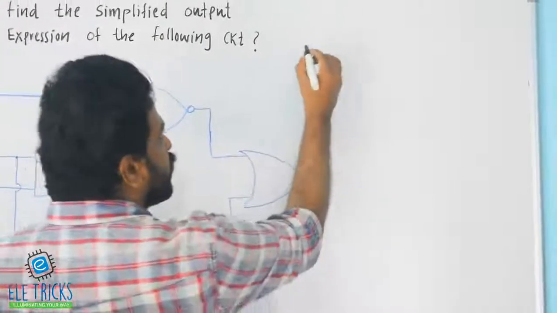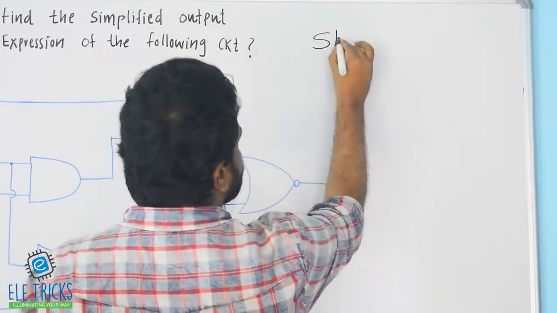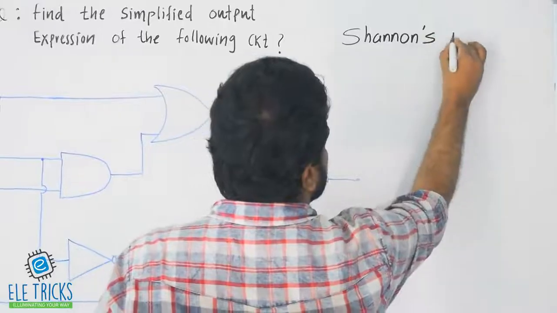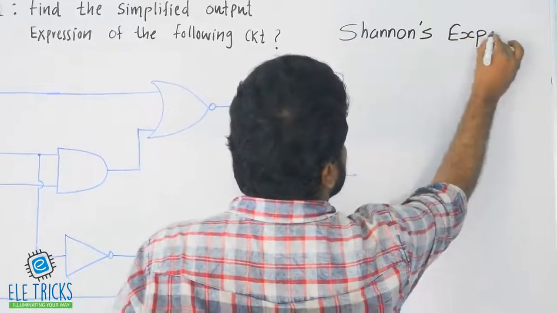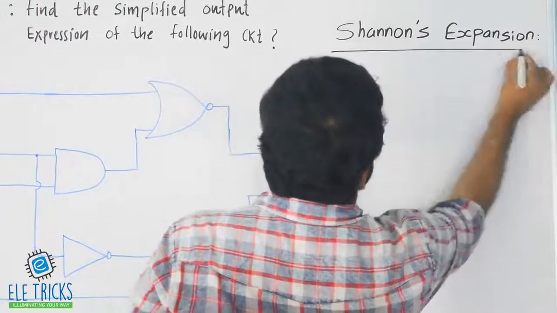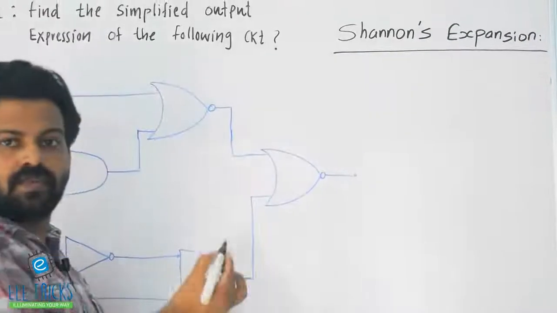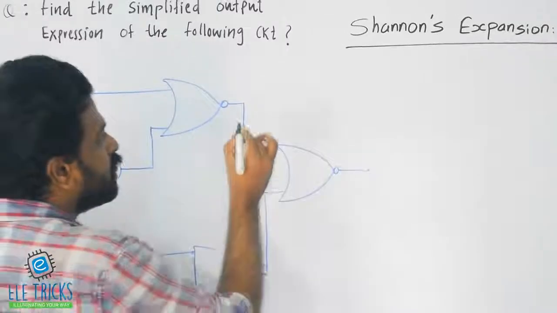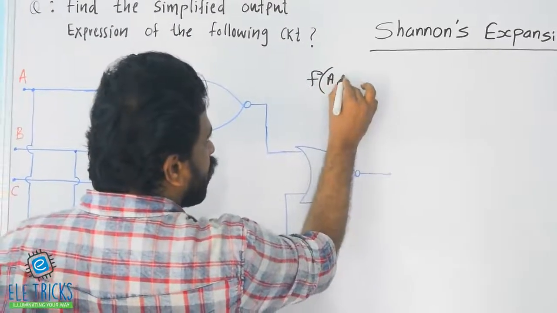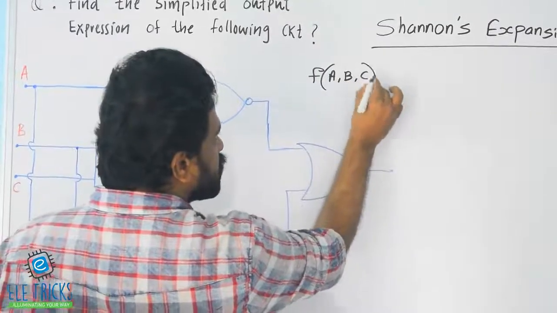So let me write it here, the Shannon's expansion. The statement of the theorem is, if you have a Boolean function f of a comma b comma c.